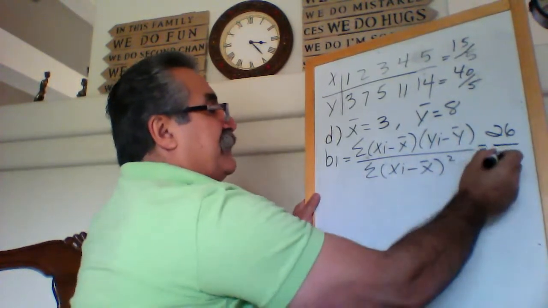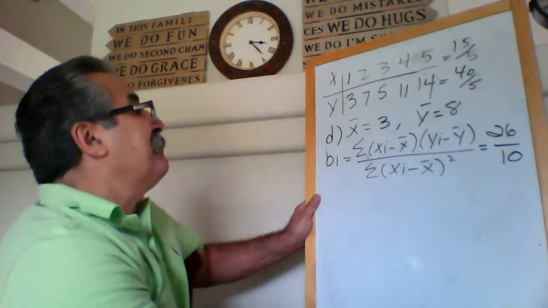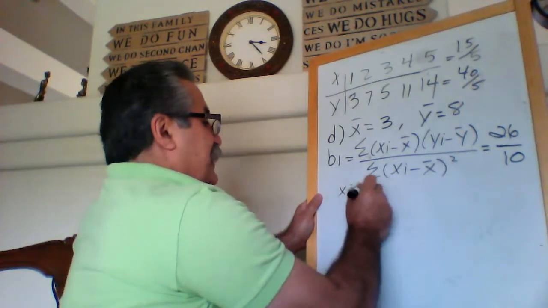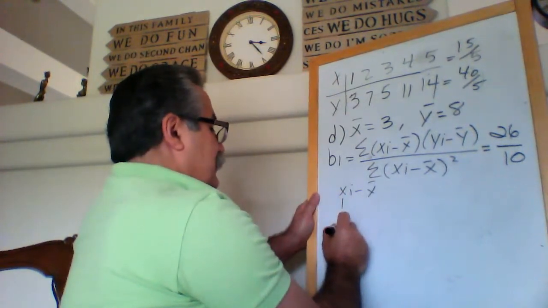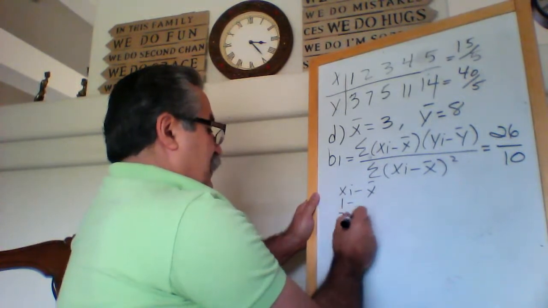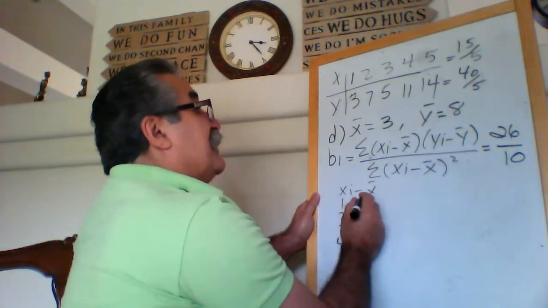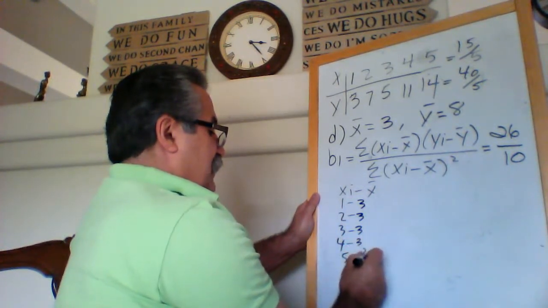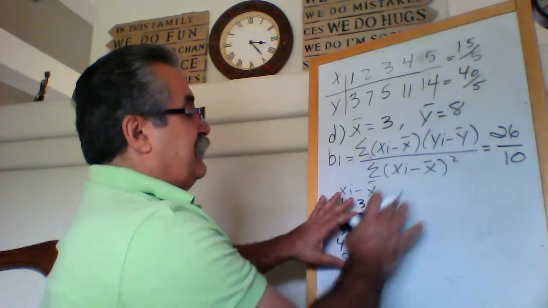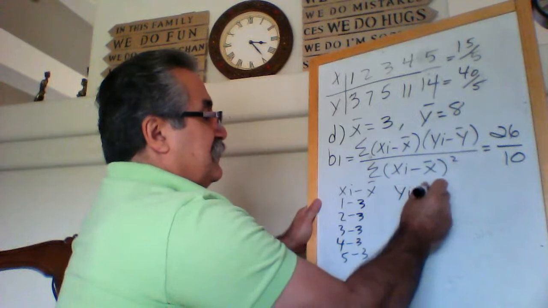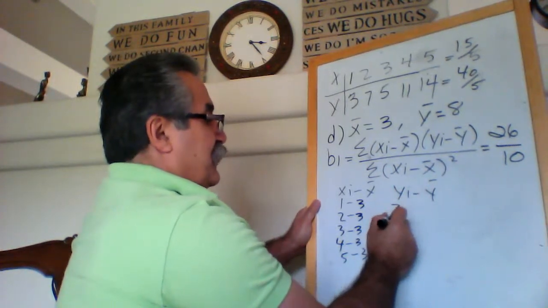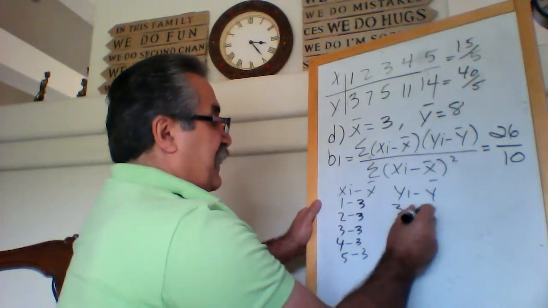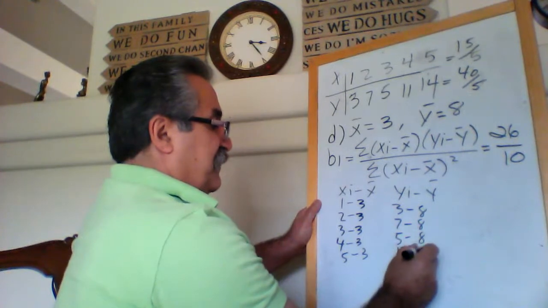This one down here is 10. Again, if you want to do these, xi are 1, 2, 3, 4, 5, minus x bar, which is 3. And then you find that, and then you do yi minus y bar. Those are 3, 7, 5, 11, and 14, minus 8.